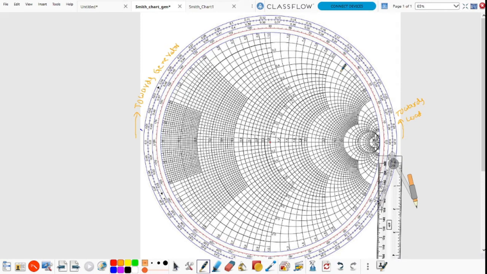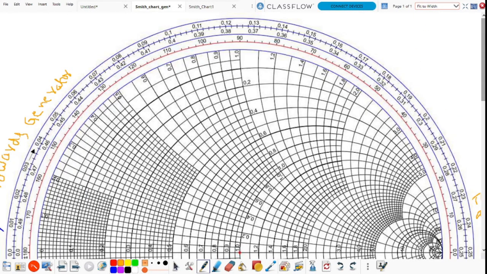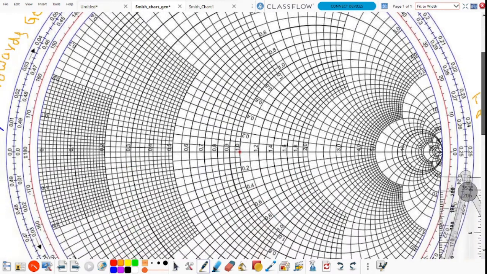So mark the intersection point of R equal to 0.58 and X equal to 0.69 on this graph sheet. And these are the X equal to 0.5 constant circle and 0.6 constant circle. And this is 0.55.